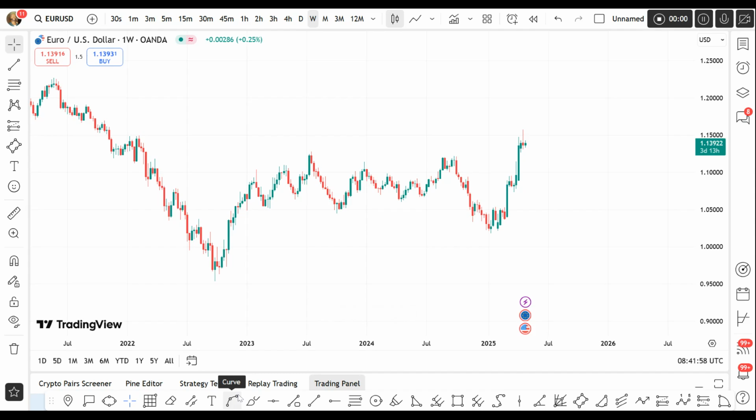Let's look at Euro USD on weekly time frame.